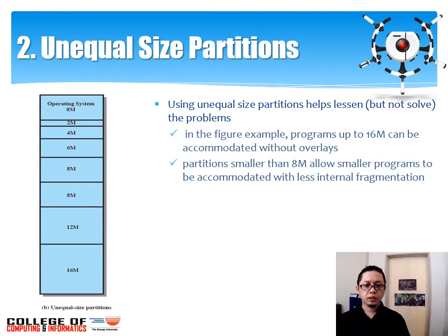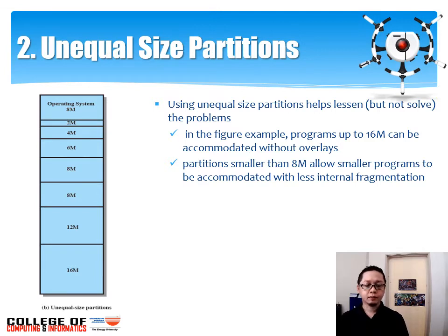Another approach in partitioning is the unequal size partition. In contrast to the first fixed partitioning, where you have equal sizes, now you have an approach where unequal size partitions can be used by processes that need a size very near to the size allocated.